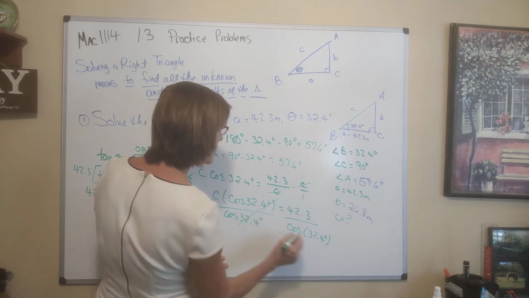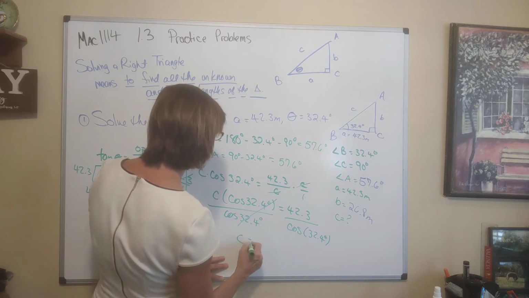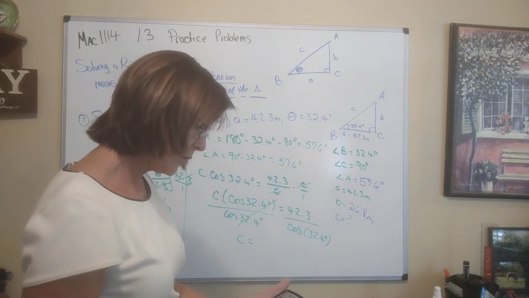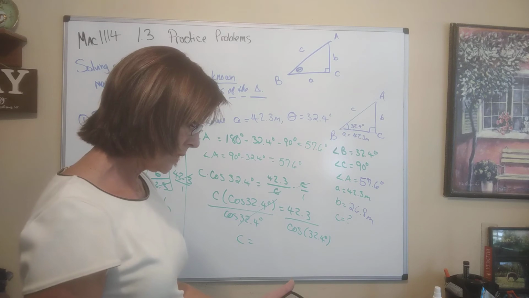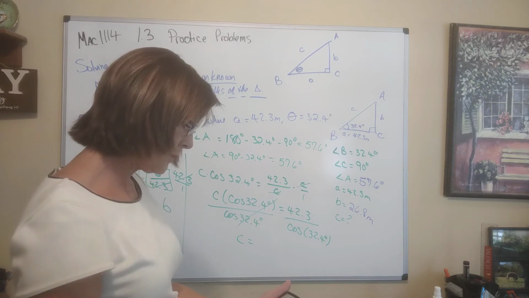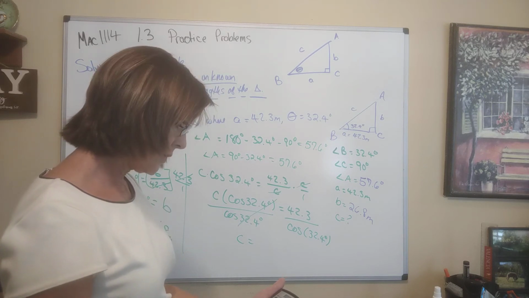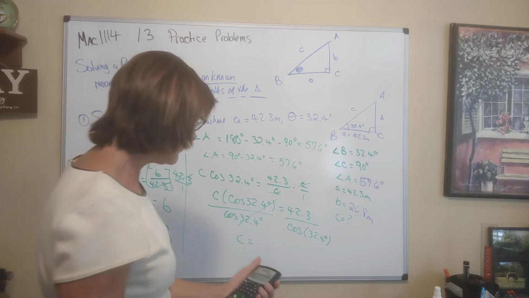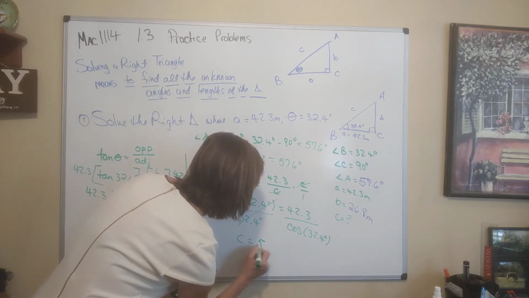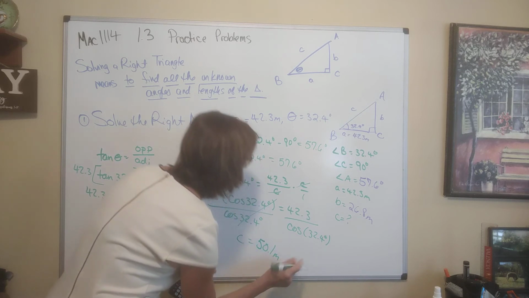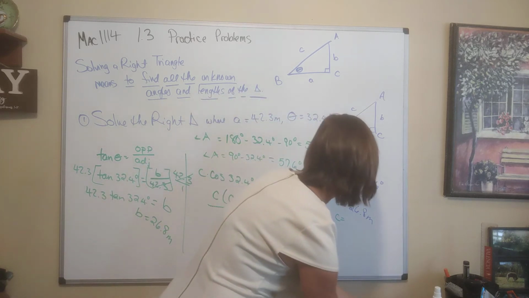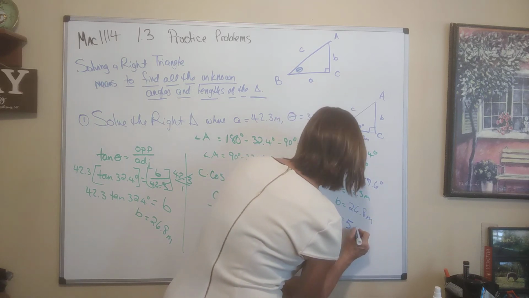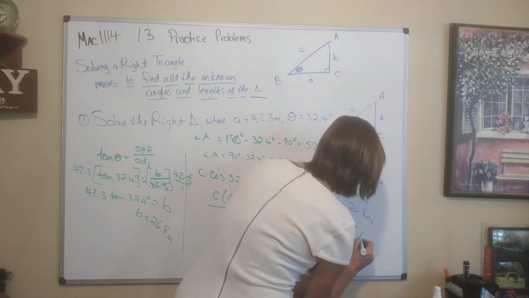Sorry about that. So I get C is equal to this ratio. I take 42.3 and divide it by the cosine of 32.4, and I get 50.09, or 50.1 meters. And that is my answer to this one, 50.1 meters.